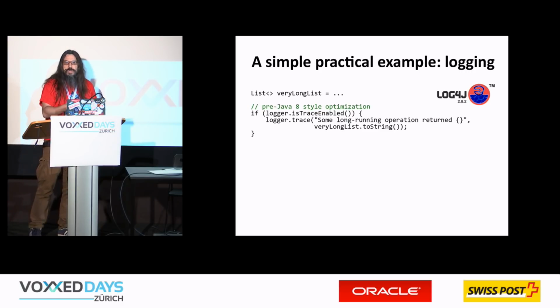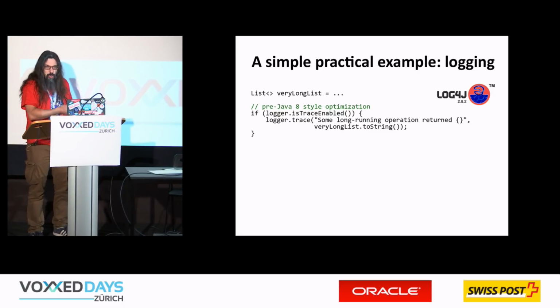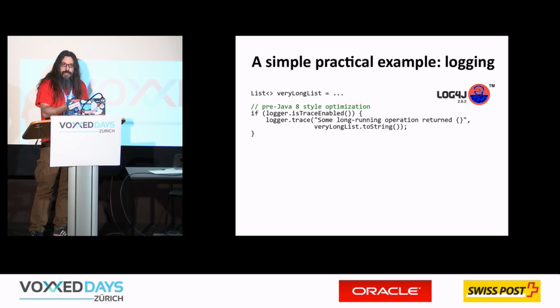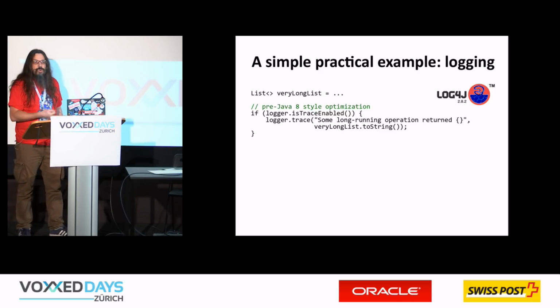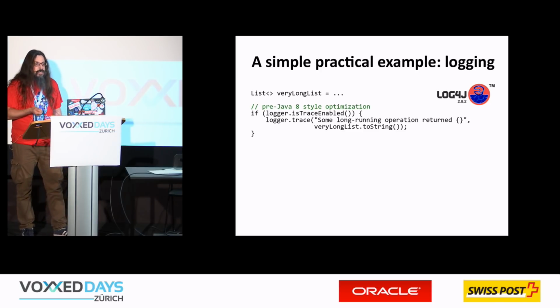If you have trace logging, you want to, of course, calculate and print the string, but otherwise you don't. So to avoid the wasteful computation of the string, you just put it inside this if block.